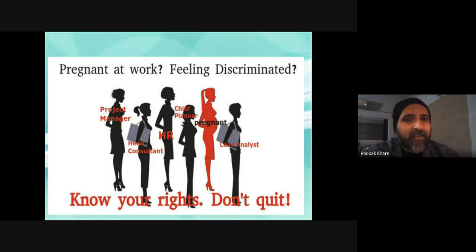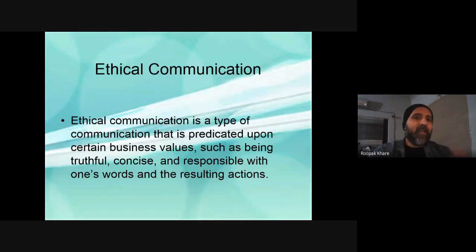And they're either given tasks which are not important, they may not be paid nicely, or they are at times even asked to leave the job, or they are given leaves without pay or with lesser pay. Take leave, sit at home, but we'll pay you only this much, right? All these things are very unethical and they're happening the world over, and we need to get rid of them.